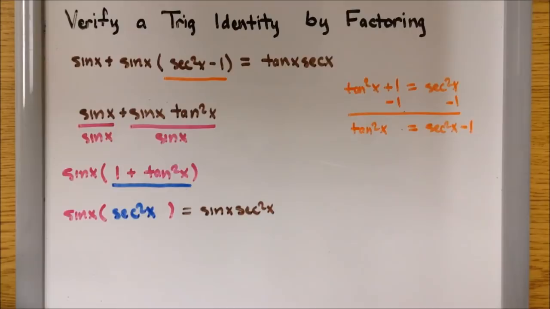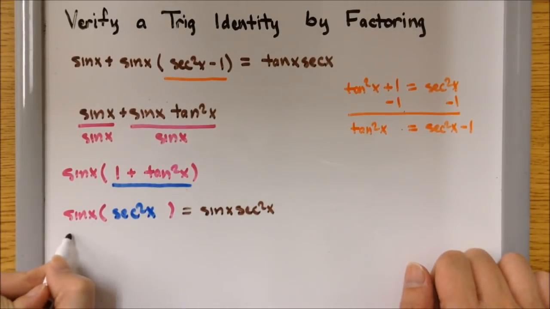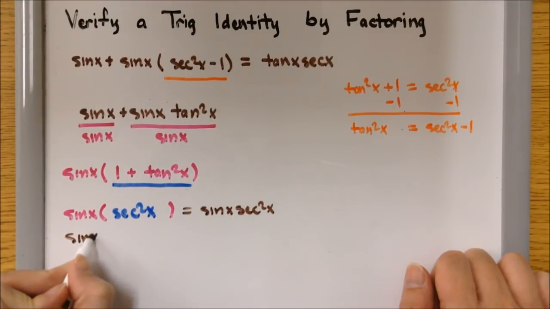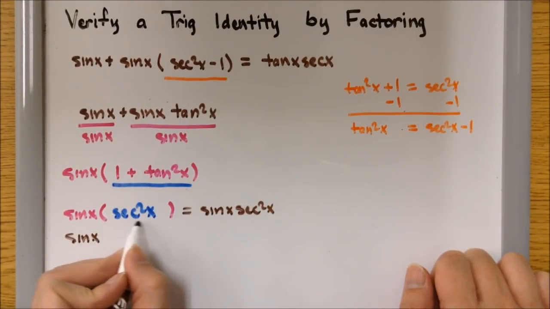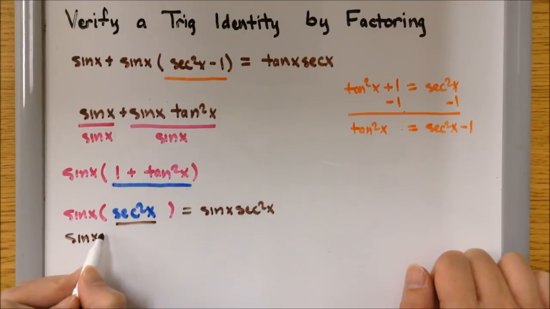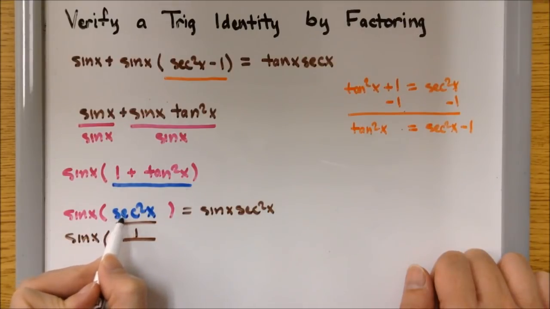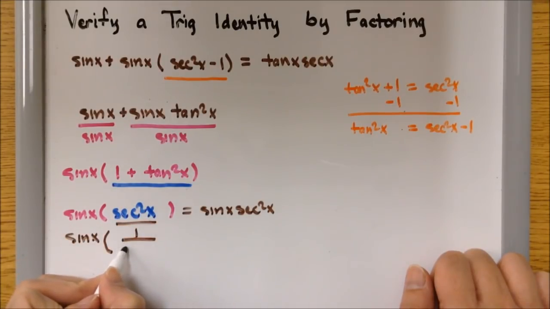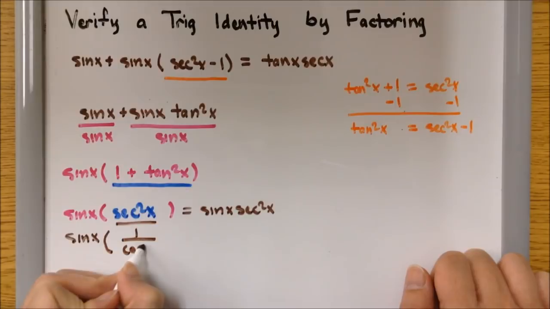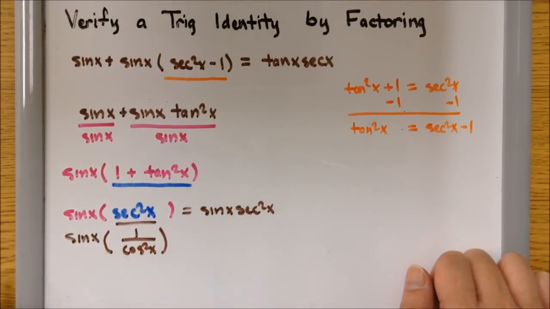So what I'm going to do to make our work easier is convert everything into sine and cosine. So I'm not going to mess with this one because it's already sine. But I want to switch this out using the reciprocal identity. 1 over, now be very careful, this is secant square of x, so this will become 1 over cosine square of x.